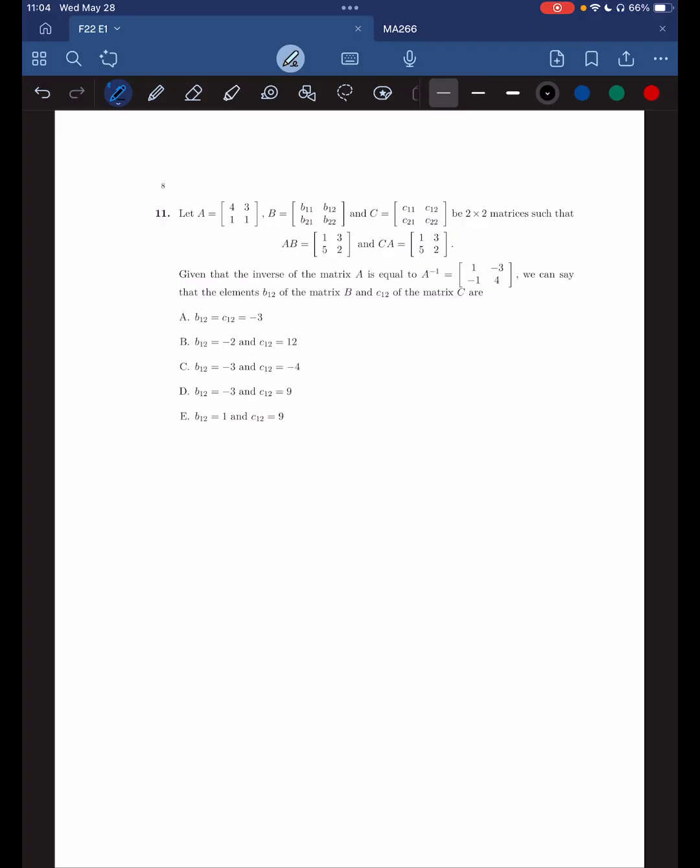So I will rewrite this, as this is actually a very nice question. AB is equal to CA, which is equal to 1352.